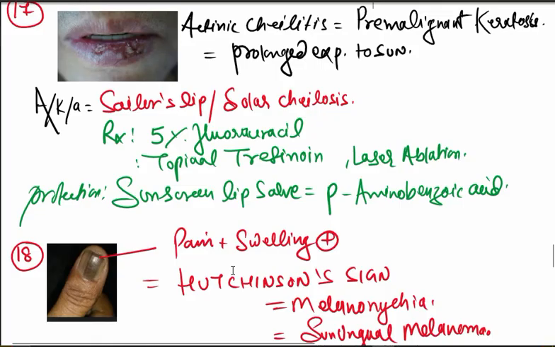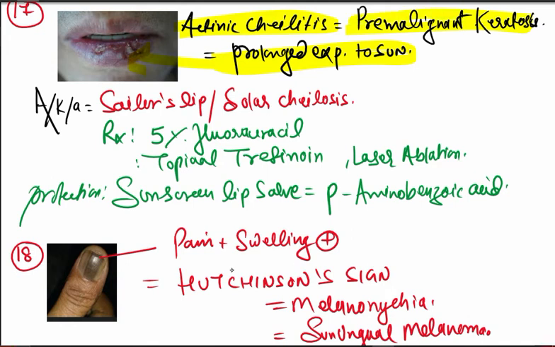Next condition. This condition is from sun exposure. Prolonged sun exposure is causing a lip condition. This is actinic cheilitis. This is a pre-malignant keratosis.